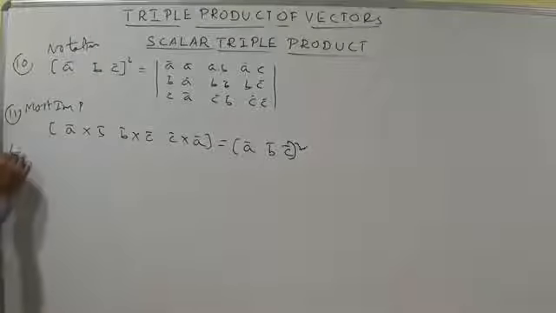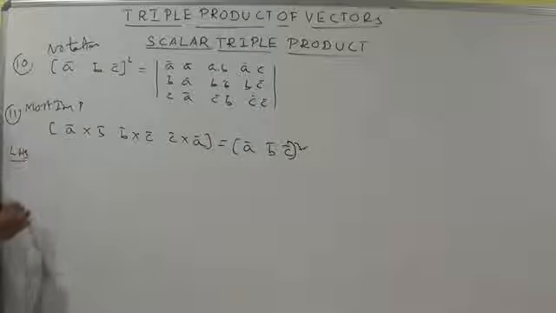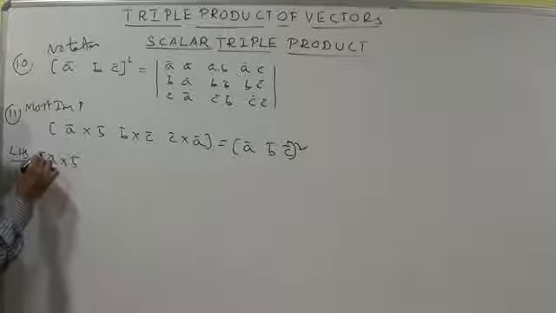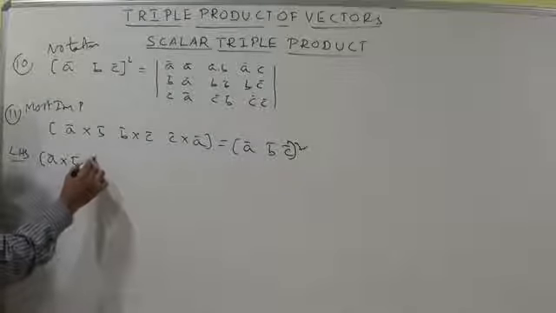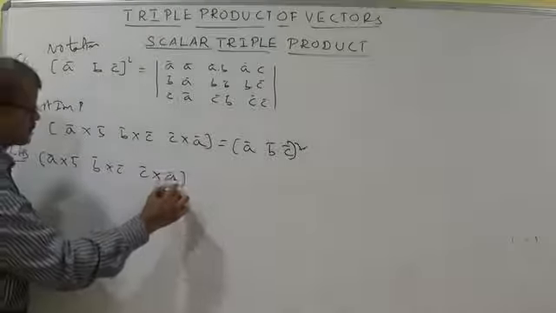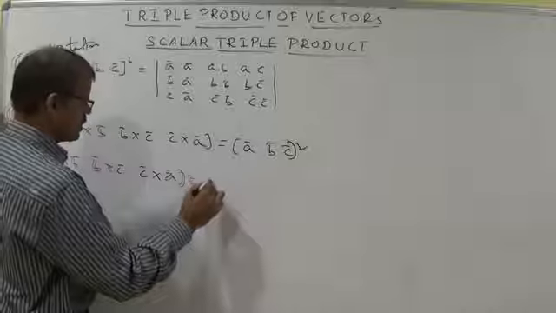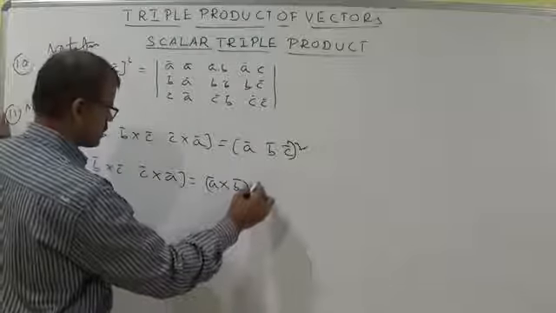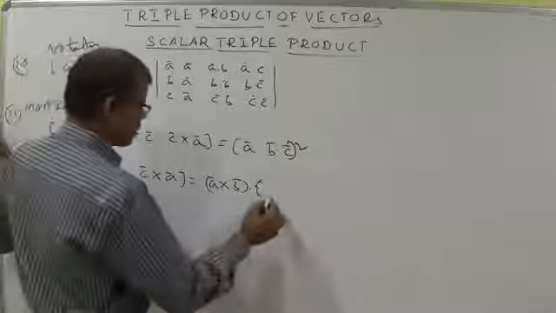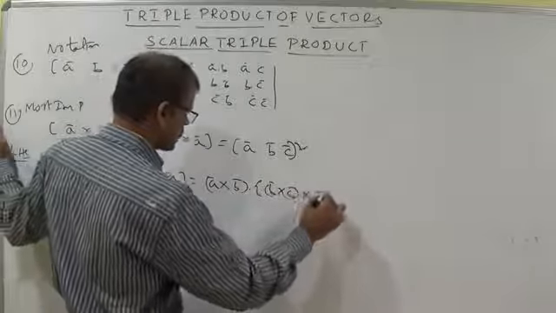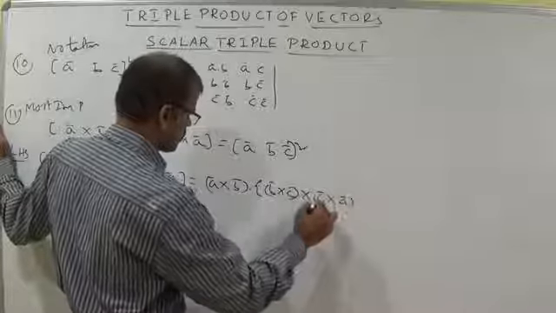Let us discuss the proof. Let us take LHS. LHS, we should write here box A cross B, B cross C, C cross A. It can be written as A bar cross B bar dot A bar cross B bar dot B bar cross C bar cross C bar cross A bar.